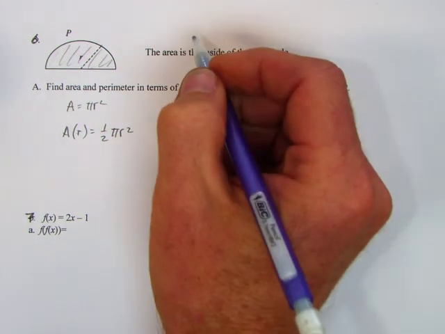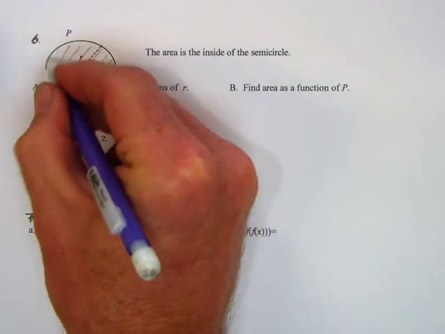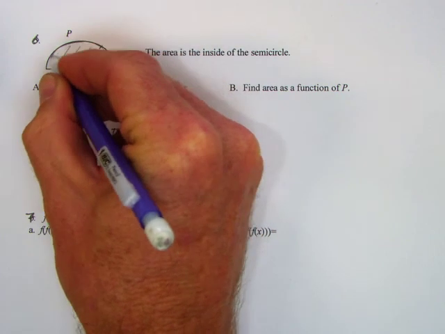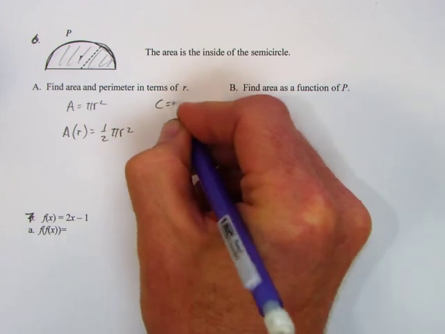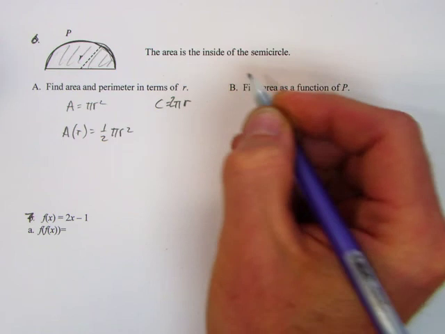What about the perimeter? What is perimeter? Perimeter is all the outside lengths added up. So what we have here is 1/2 of the circumference. Recall that the circumference of a circle is 2 pi r, or you could say pi times the diameter.